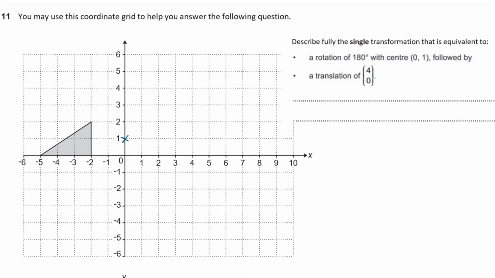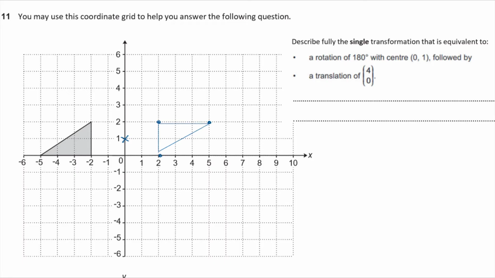You should find that your triangle ends up with points here, here and here. Then removing your tracing paper, let's just join those together. So there's my triangle.